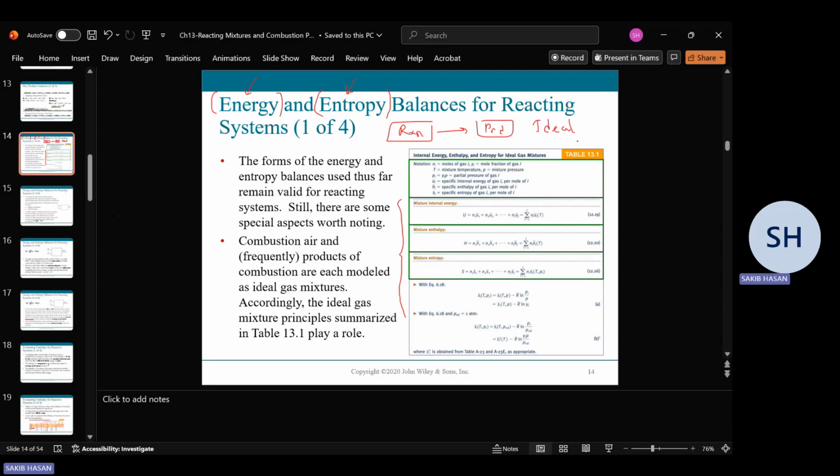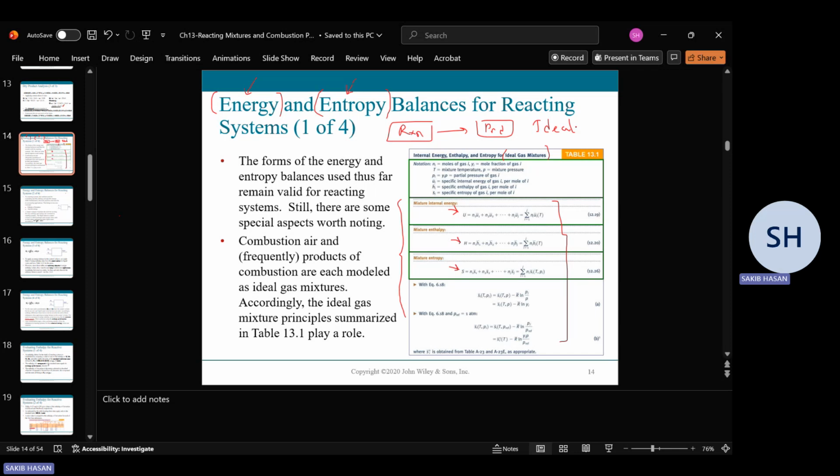And so what that allows us to do is use these formulas, which are, again, only applicable for ideal gas mixtures. And you can find values of absolute internal energy, absolute enthalpy, absolute entropy, among other things.